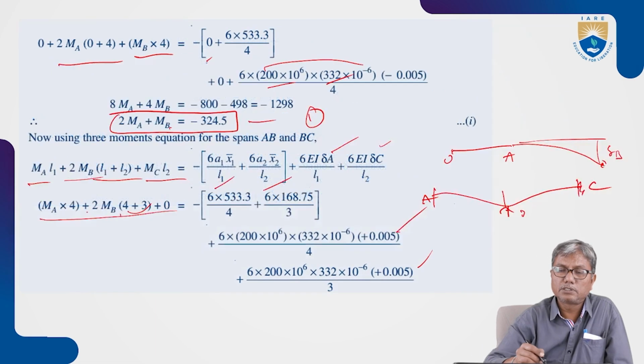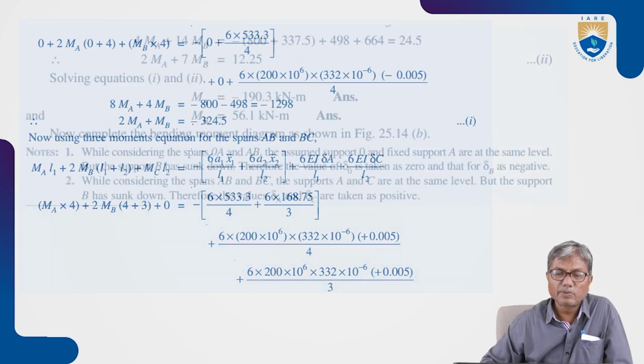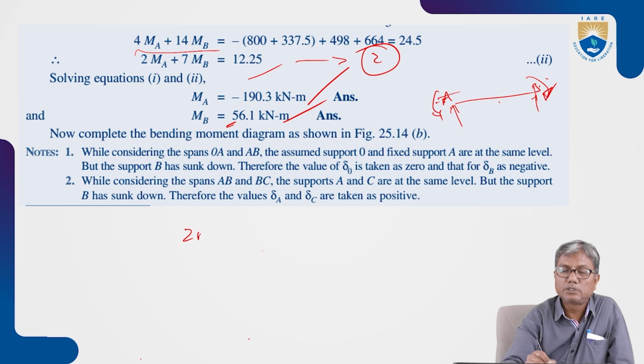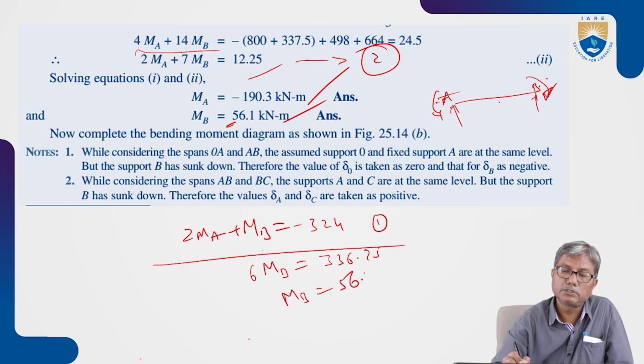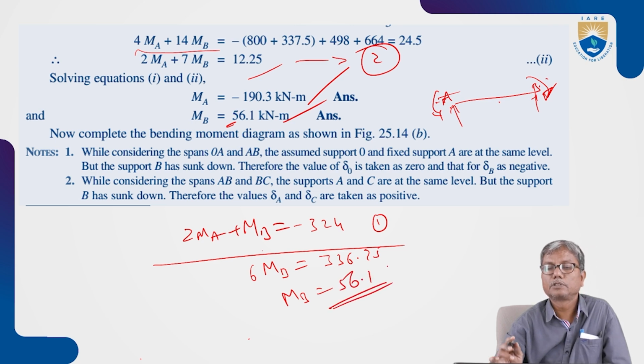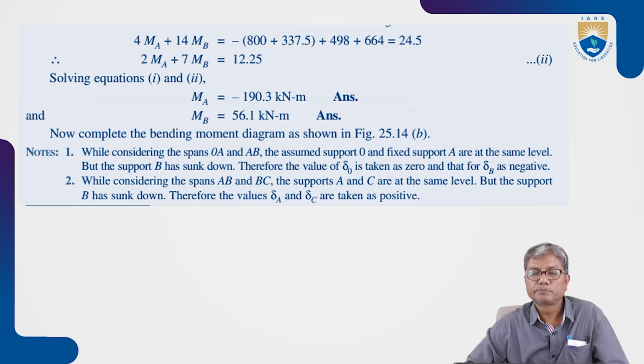So the first equation here is 2MA plus MB. 2MA plus MB equal to minus 320. 6MB equal to 336. MB is 56. Positive. Okay, that is correct.